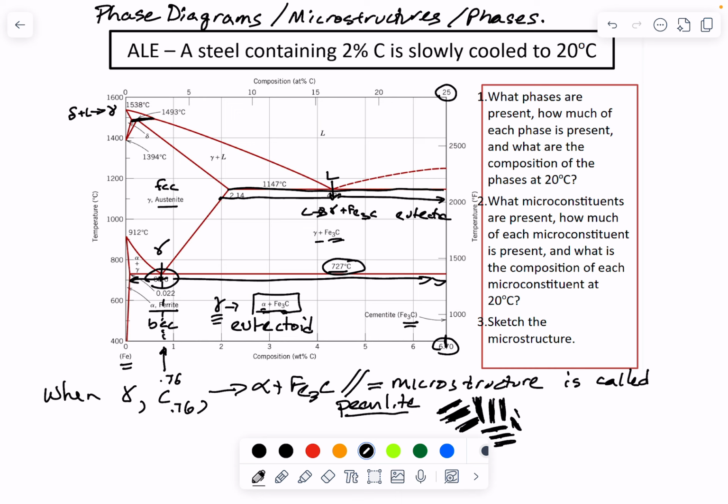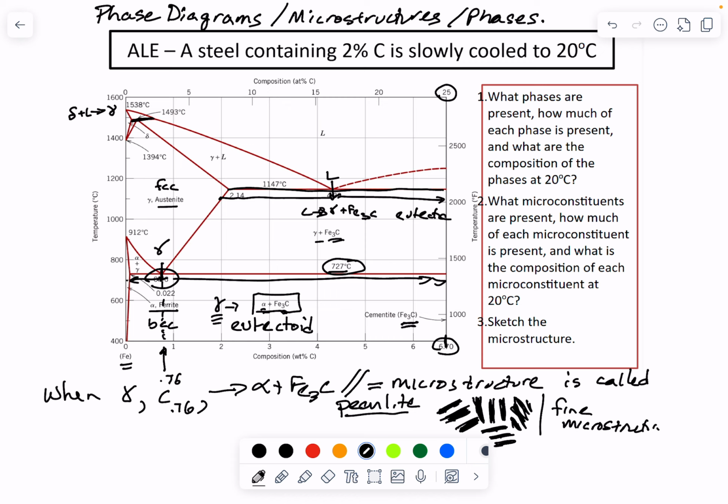Whenever you see microstructures that resemble that, you know that it had rapid formation and rapid diffusion, because gamma, with this composition of 0.76, has to get carbon out of it in order to form the ferrite, and iron has to get into it in order to form Fe3C. So there's a whole bunch of diffusion going around, and because of all that diffusion, you end up with a very fine microstructure.